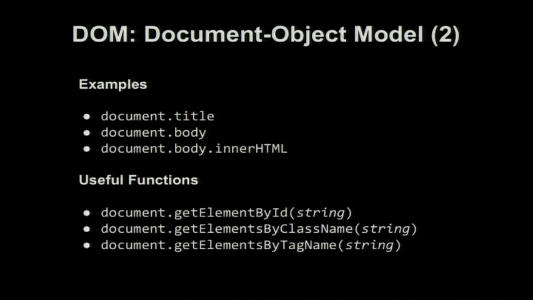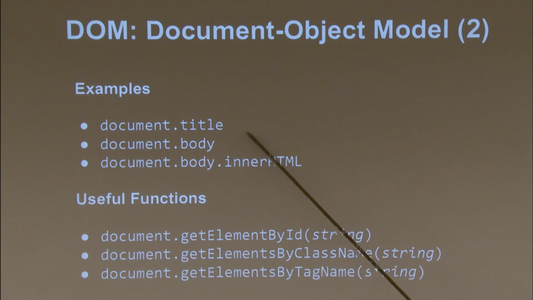So document.title is just the title of our page. The first three examples are just saying, give me the title of this web page. So it will give you what corresponds to the title. Document.body is going to give you whatever is within those body tags, so you can manipulate that.